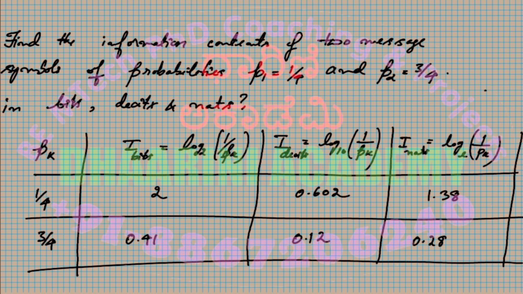Now, when I have a lot of messages coming in, normally we don't measure that by looking at the message content of each and every symbol or each and every message. I'll give an example.